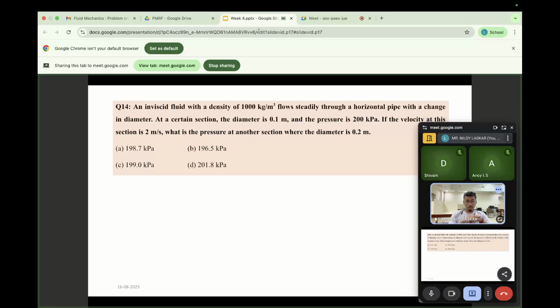One more minute. It's a tricky question. I think that if you try, you will be easily able to answer this one.